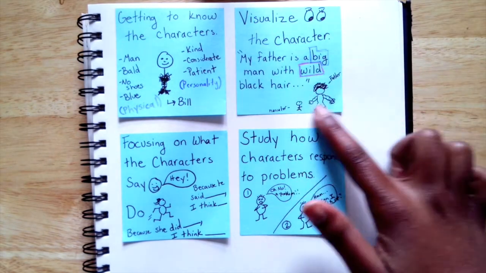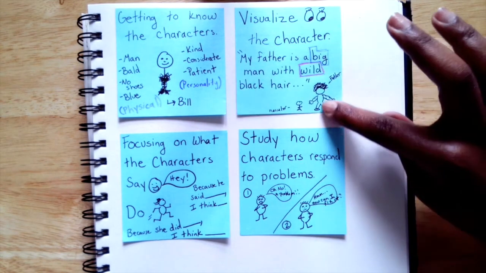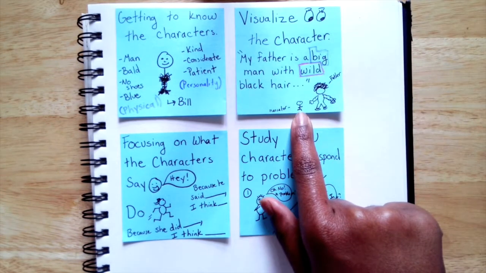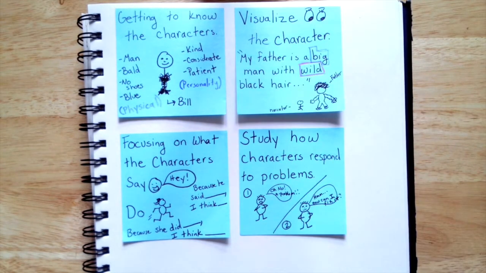So we can imagine Julian's father as being bigger than him, so there's like a little Julian, and having wild hair. Another strategy that we could use to get to know our characters better is we could focus on what the characters say and what the characters do. So we could think about, because the character said blank, I think this, we can learn more about them. Or, because the character did this, I think this.